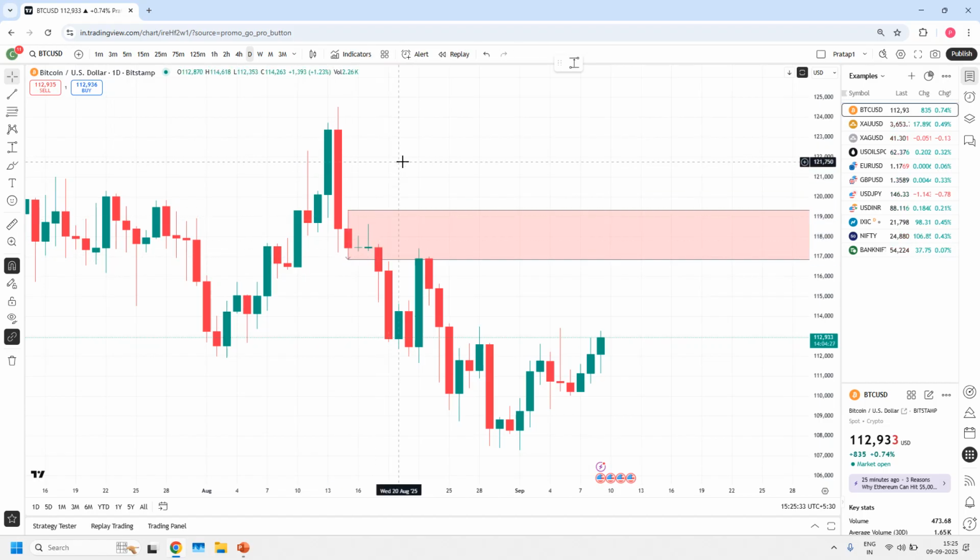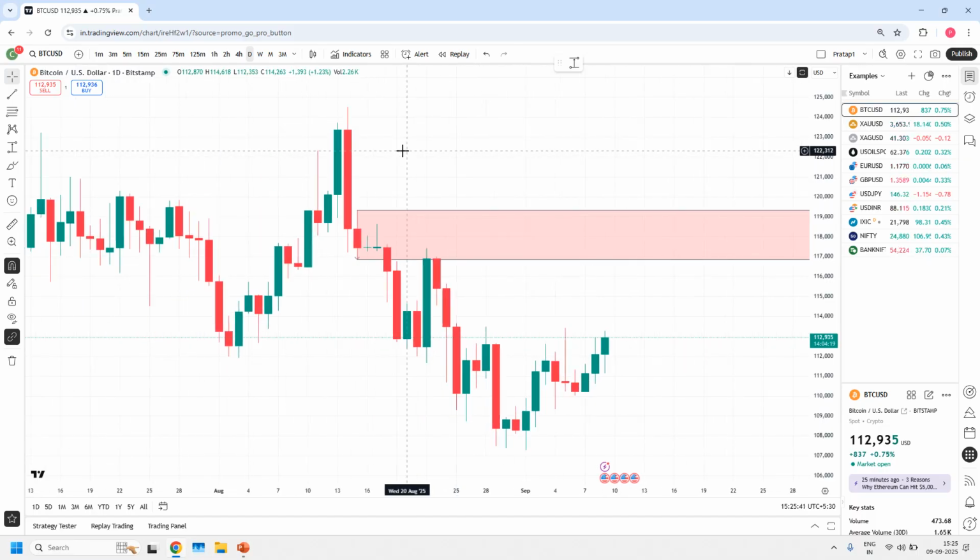If you draw the zones, what are the advantages and disadvantages? That also I will explain. Okay, first advantage is when you draw wick to wick, there are higher chances prices will be reaching up to the lowest wick of this. That means this is the edge of the zone, low of the zone.